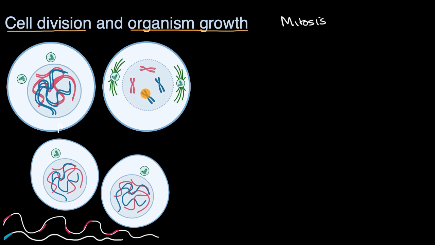This is really happening in preparation for mitosis, in preparation for cell division. And so you see those 2 homologous pairs, and you could see each of those chromosomes actually now consist of 2 sister chromatids, one over here, one over there. As we go through mitosis, they're going to separate into individual chromosomes that are actually just copies of each other.